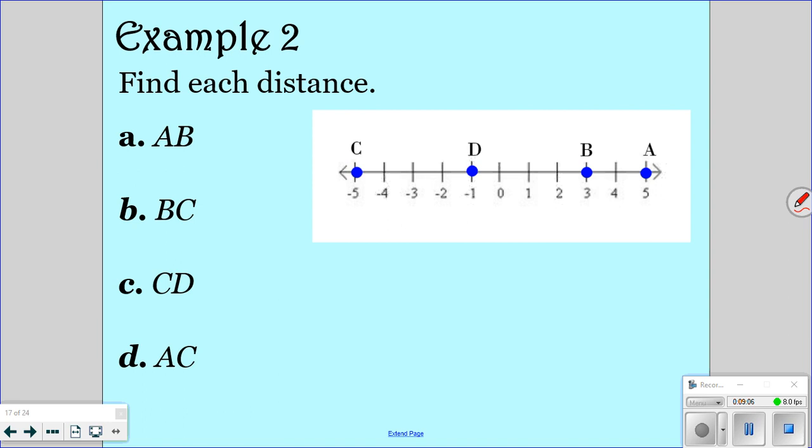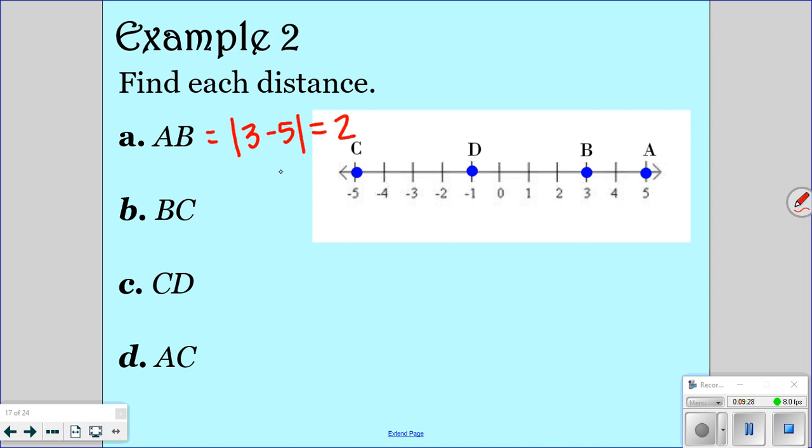So looking here, we're going to use the ruler postulate to find the distance between A and B. Basically, you can just count on these, or you can find the difference between 3 and 5 and take the absolute value of it. So from A to B, 3 minus 5 is -2, but the absolute value of that is 2.